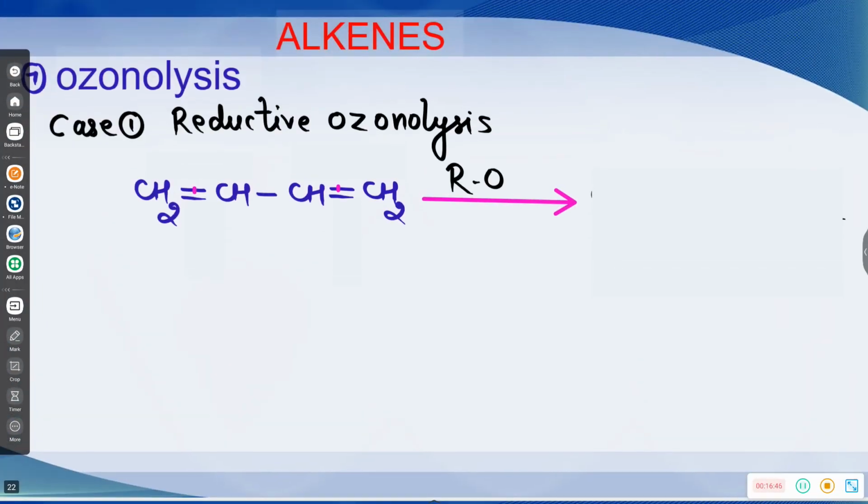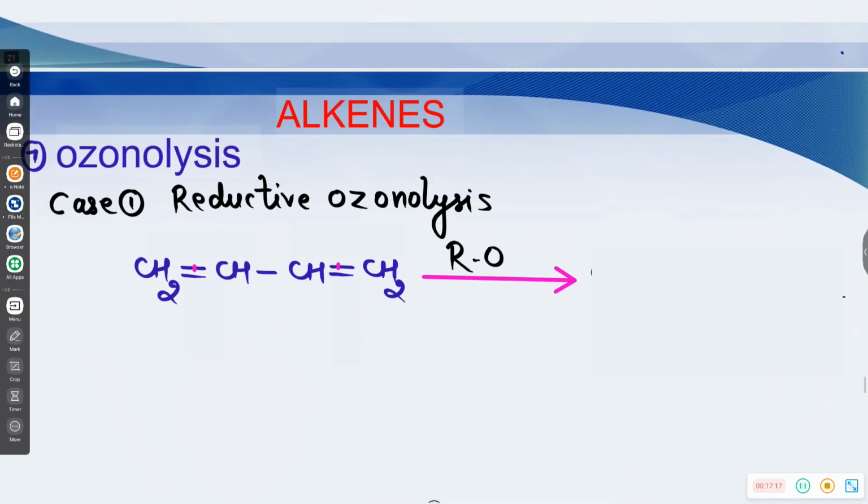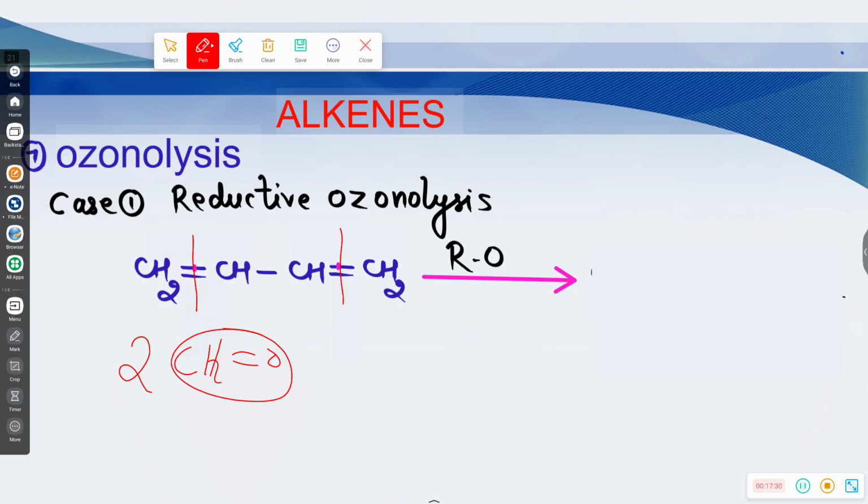Here what will come? Very important. What will come? Here, first, two moles of formaldehyde.